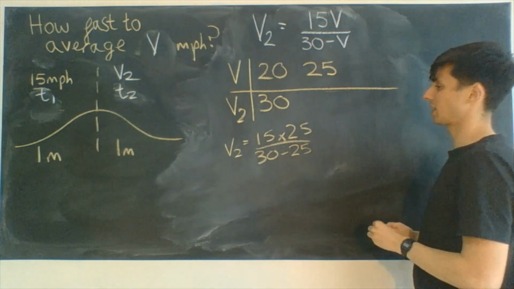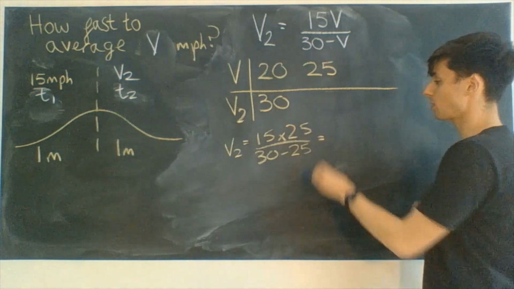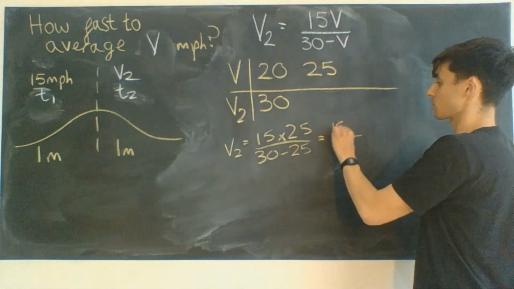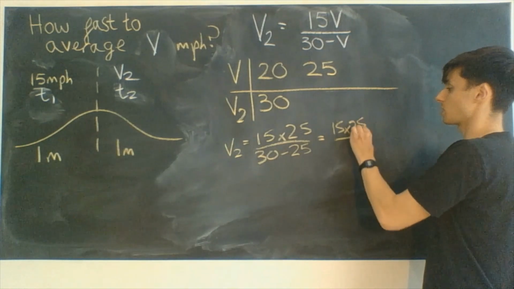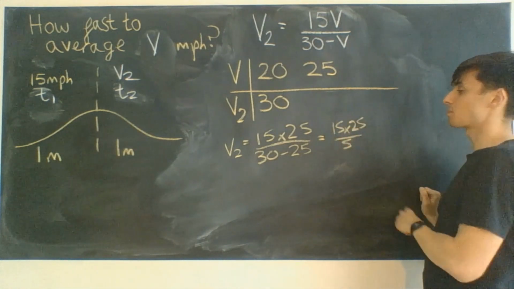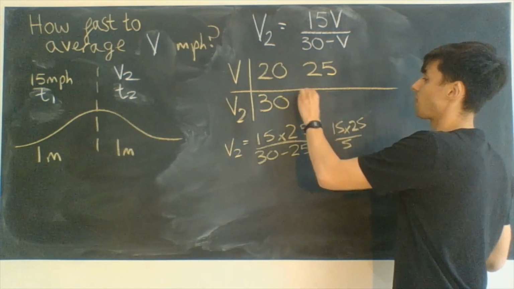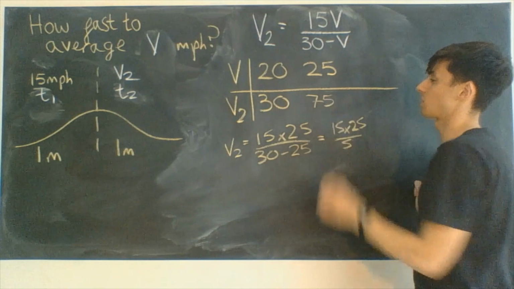Let's think what that gives us. Well, 15 times 25 over 5, that's just going to be 15 times 5, because we can see a 5 cancelling out. So 75 is our answer.